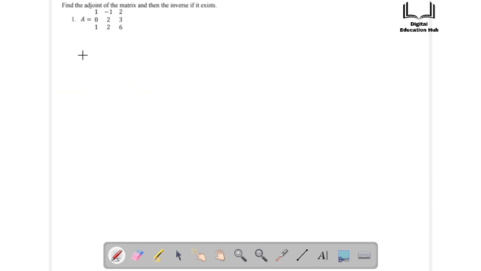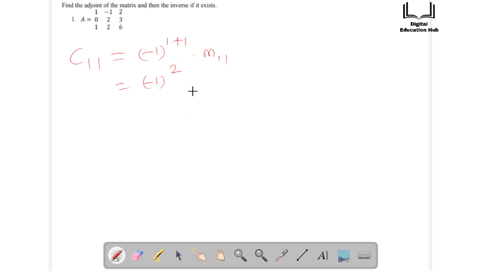When I'm calculating cofactors, suppose I'm calculating C11, then C11 is nothing but minus 1 raised to 1 plus 1 times the minor of 1 1. Already you have calculated in the last step that the minor of 1 1 is 6, that is 12 minus 6.